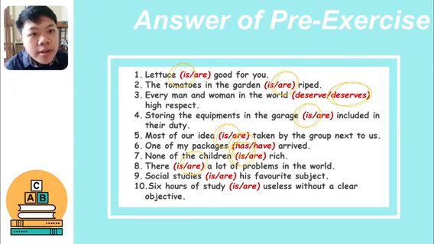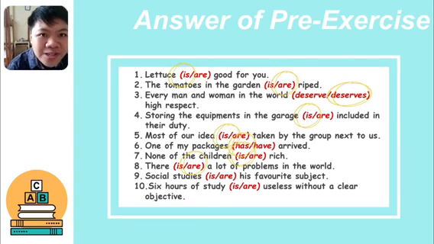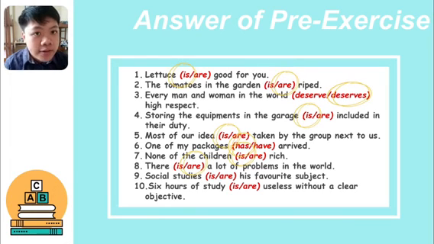For number 9, social studies is or are his favorite subject. Social studies is part of what? Yes, it is a field of study, so the answer is singular. Number 10, the last one, 6 hours of study is or are useless without a clear objective.